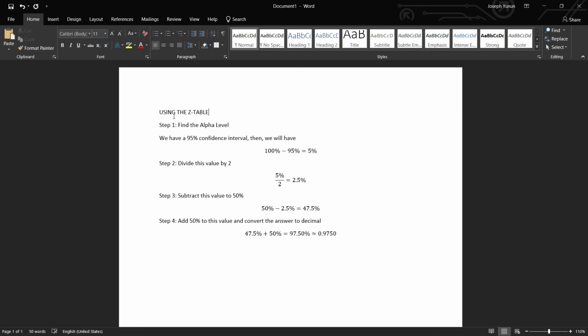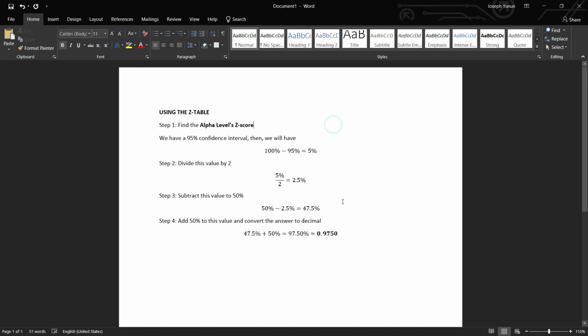in determining the alpha levels z score. Now we have a value of 0.9750.